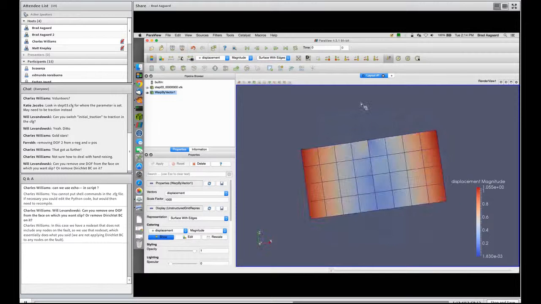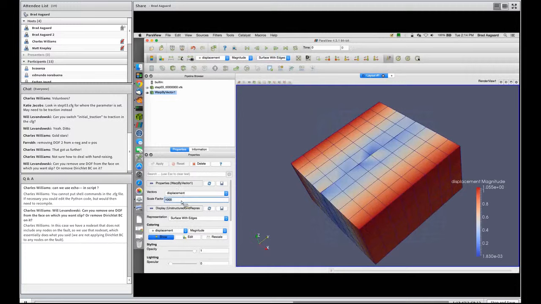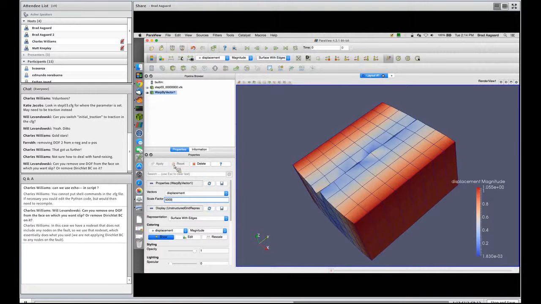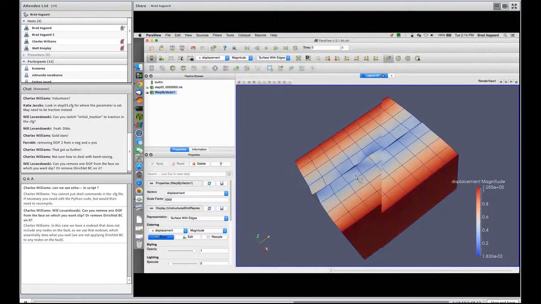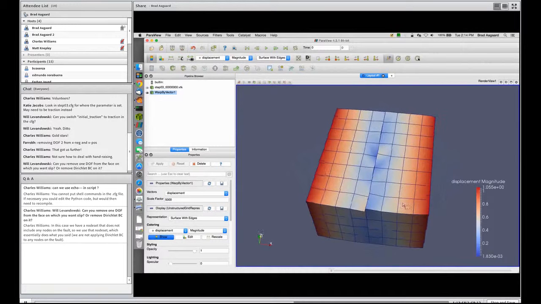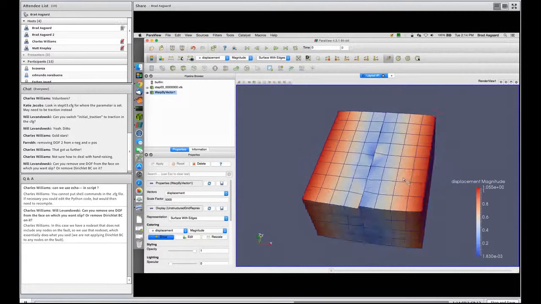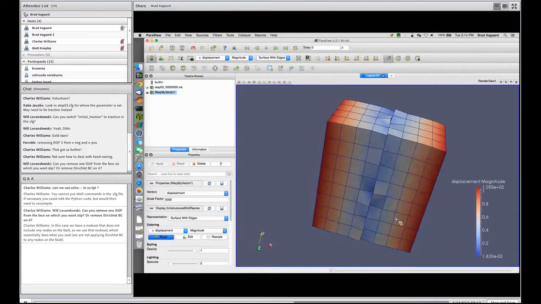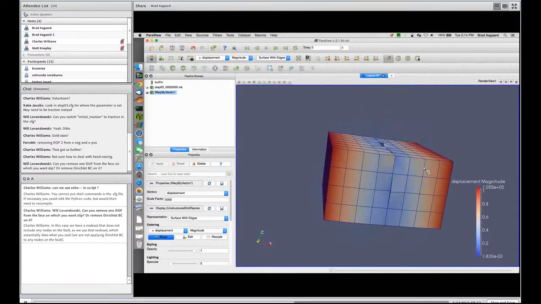Let's warp it a little more. Let's try 5,000. And so we deformed the boundaries. We moved the boundaries, sorry. And we're getting relatively non-uniform slip. It looks a little funky.